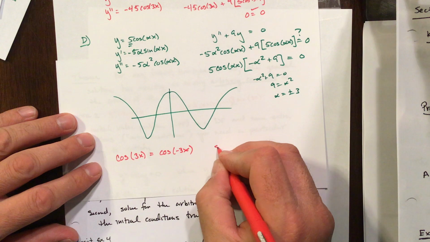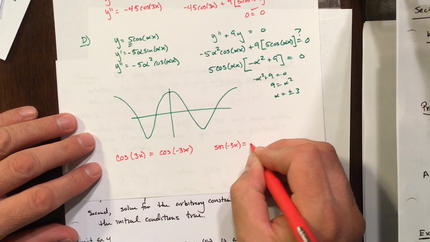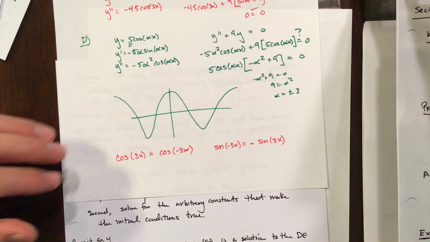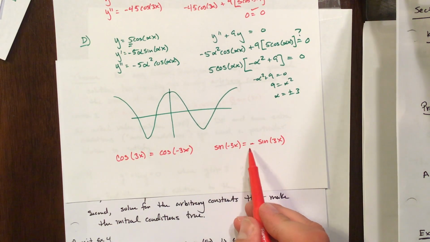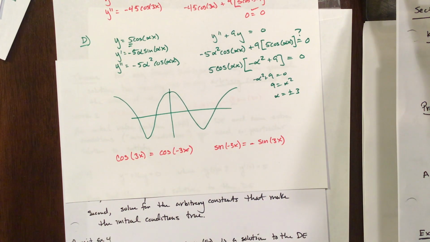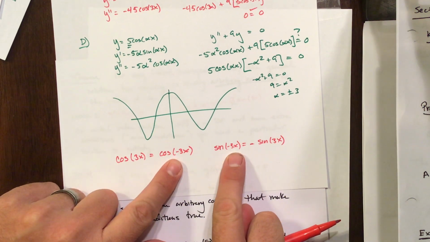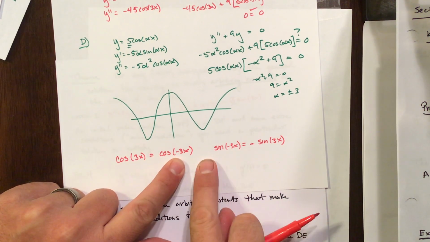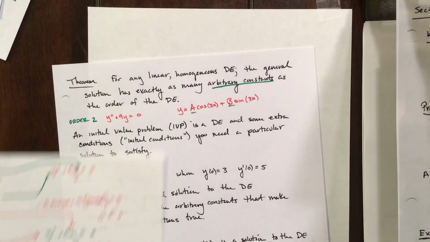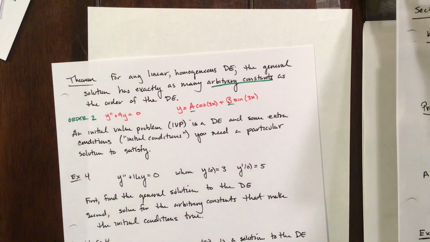But the sine of negative 3x is equal to negative the sine of positive 3x. And that's just part of that arbitrary constant out in front. So even though we're talking about cosine 3x and sine 3x, we could as easily have been talking about the cosine of negative 3x and the sine of negative 3x, and they are still part of this general solution. They're reflected in that.